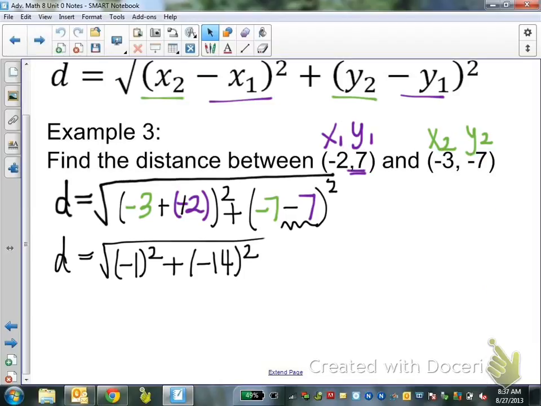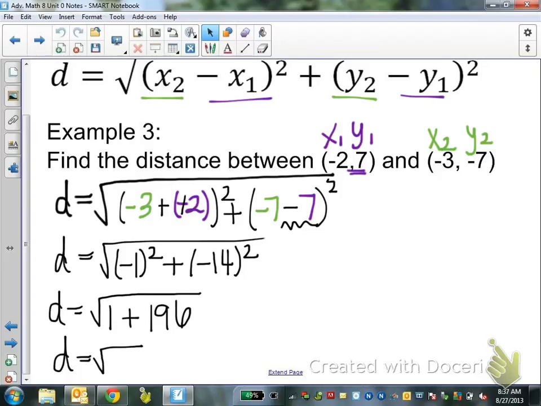All right, so then we're going to have distance equals the square root. What's -1 squared? Negative 1 times negative 1. Positive 1 plus, what's negative 14 squared? Negative 14 times negative 14. 196. Okay, we're almost there.